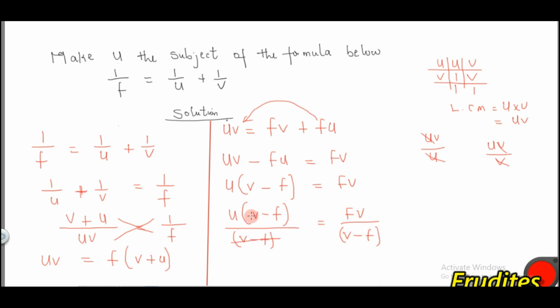So this will cancel out this, and I will be left with u. So my u will be equal to fv over v minus f.